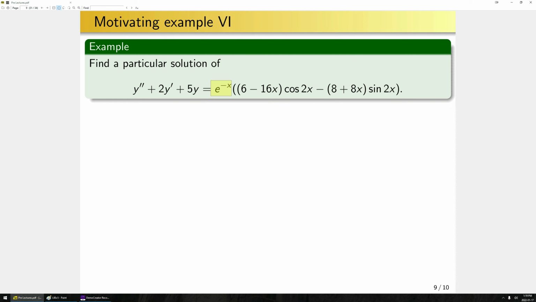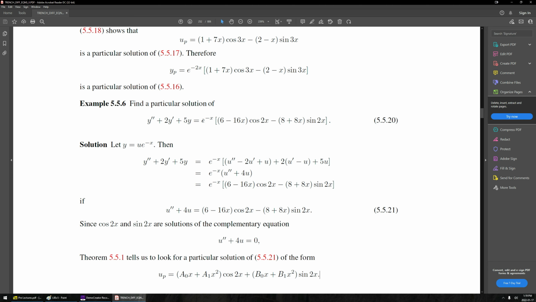So in here, just going through the stuff in Trench, we can first notice that this e to the negative x cosine of 2x doesn't actually solve the complementary equation, but despite that, once I use this ansatz and get an equation for u, these cosine terms do satisfy the complementary equation. So that's kind of interesting.